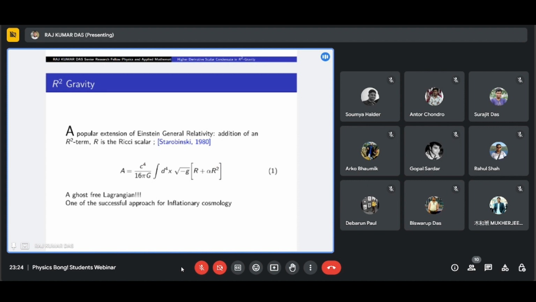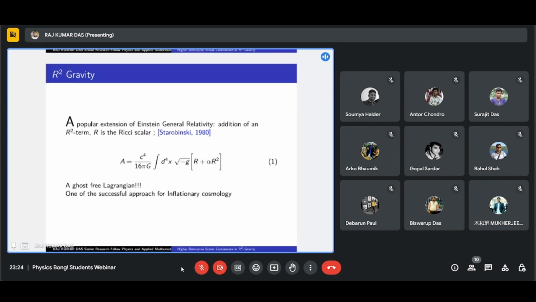If you quickly ask why R square, why not R cubed, R4, R5? There is an interesting story here. This is a ghost-free Lagrangian. What is a ghost? I'll not take so much time.